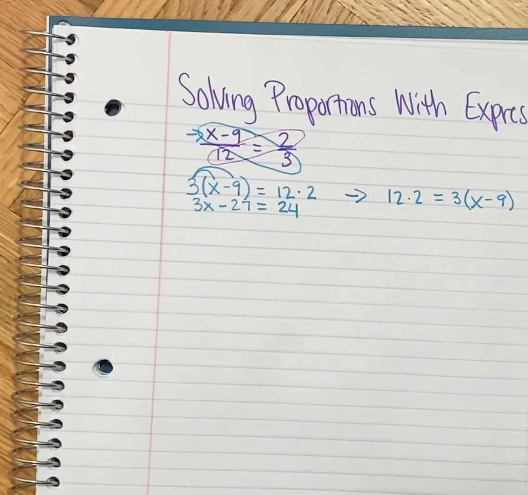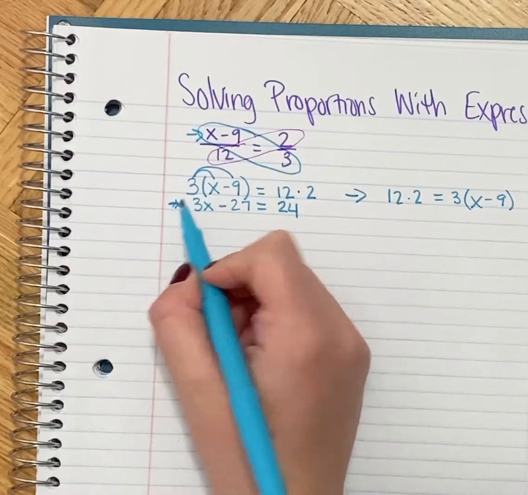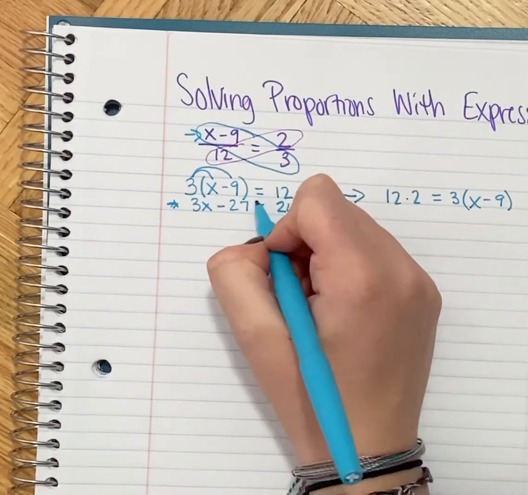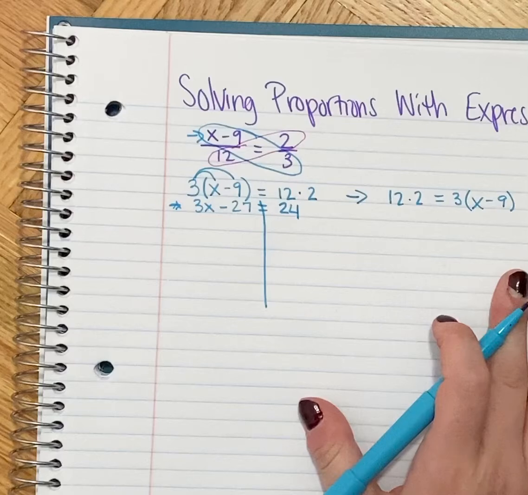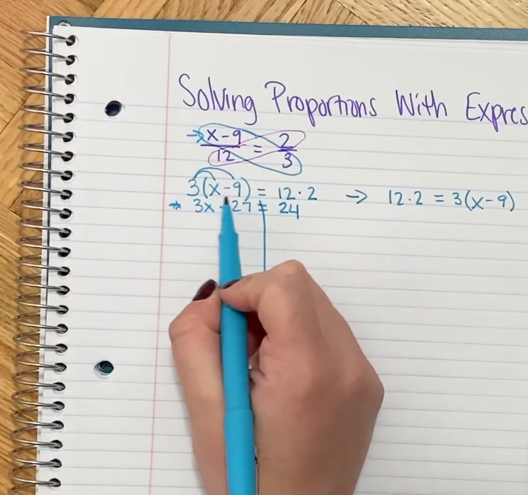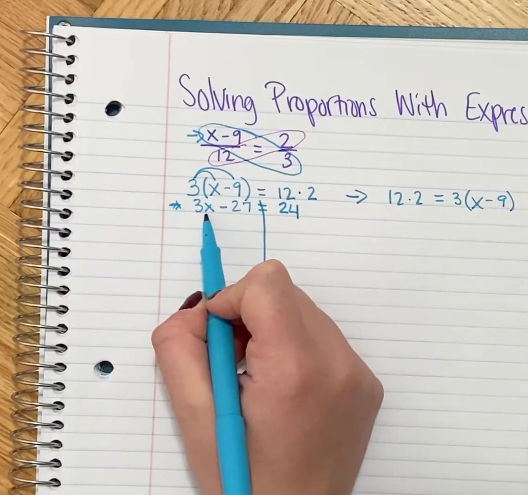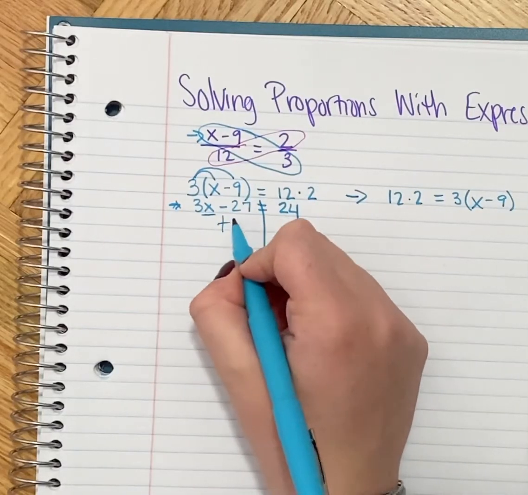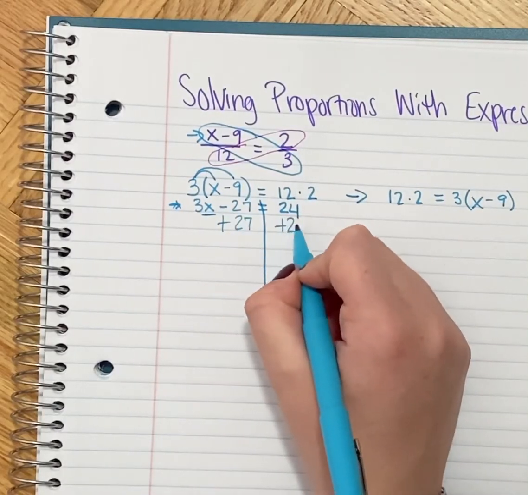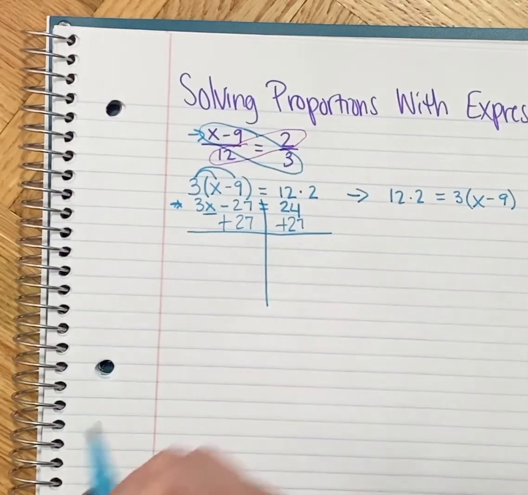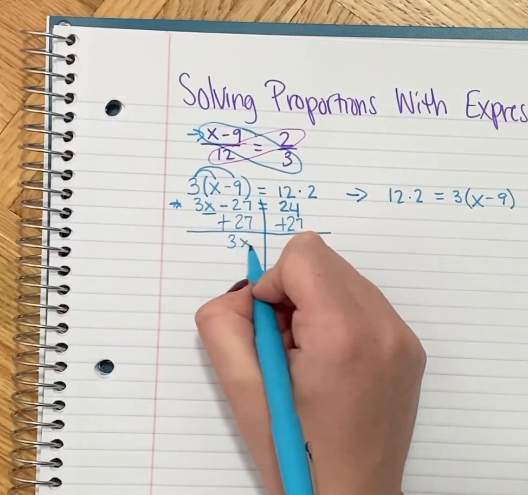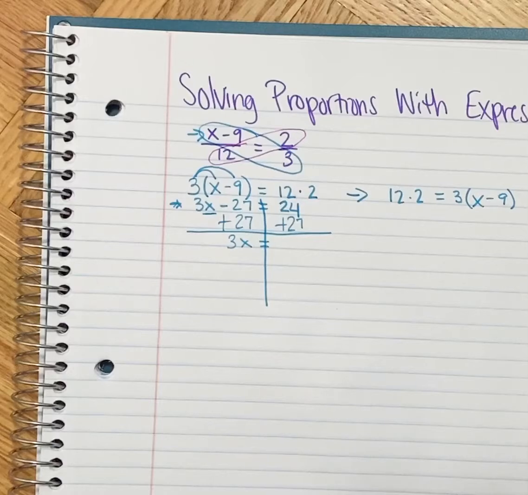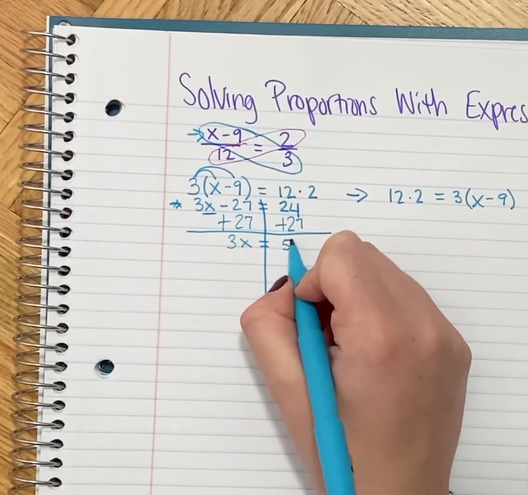From here, it's just algebra. Let me drop this down here for you. We want to make sure we are getting x alone. In order to get x alone, we have to get rid of this 27 first, so we'll add 27 to both sides. That leaves us with 3x equals 51.